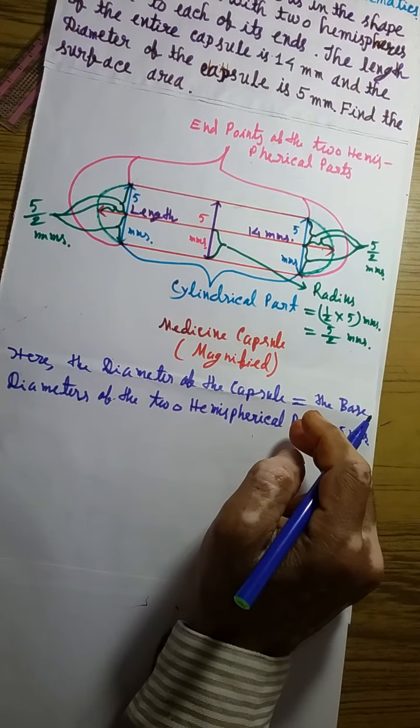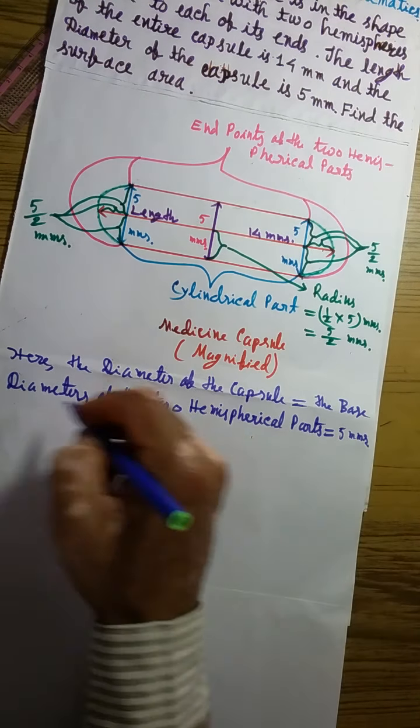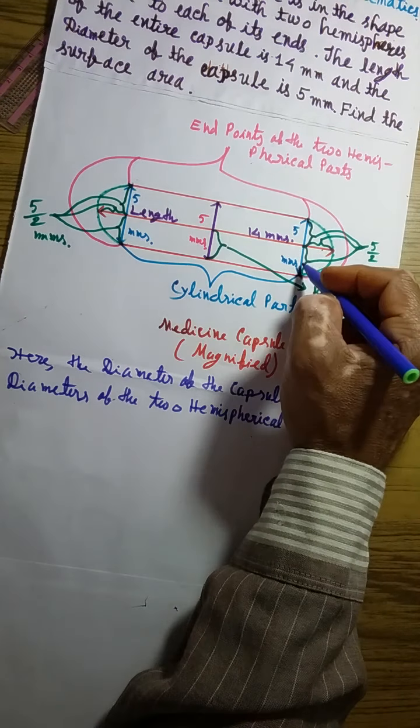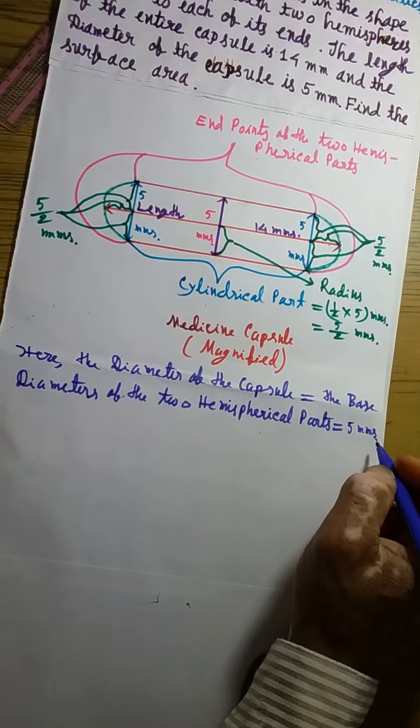The diameter of the capsule and the base diameters of the two hemispherical parts, these two are equal to 5 millimeters.